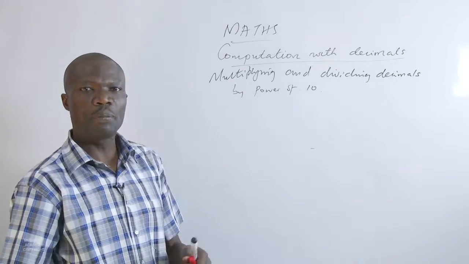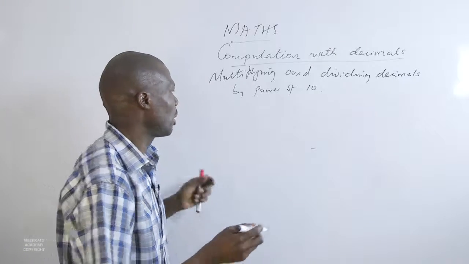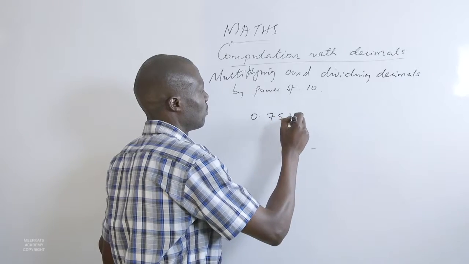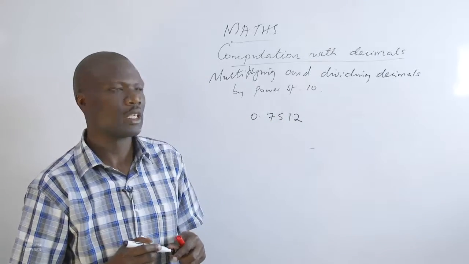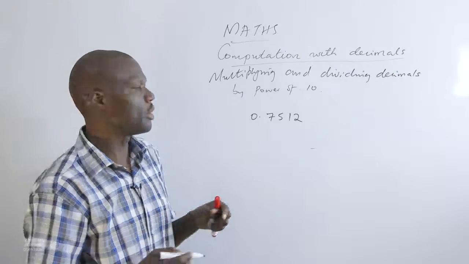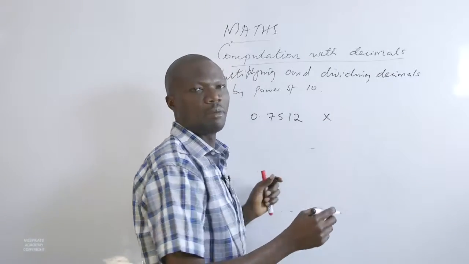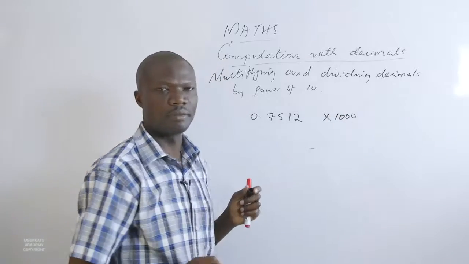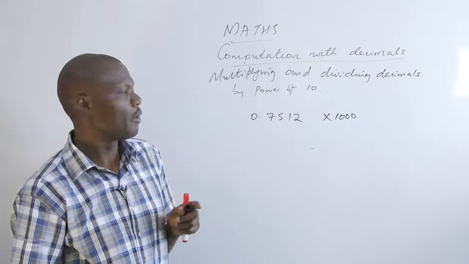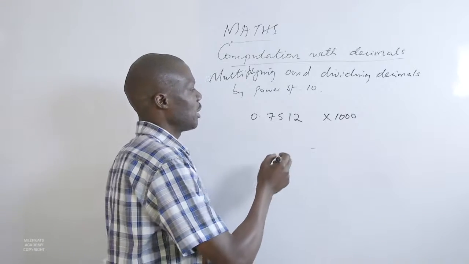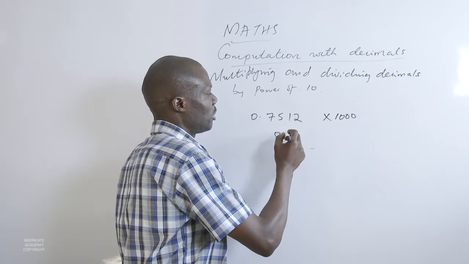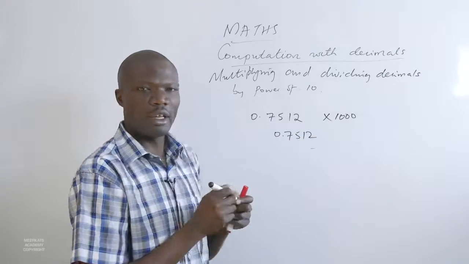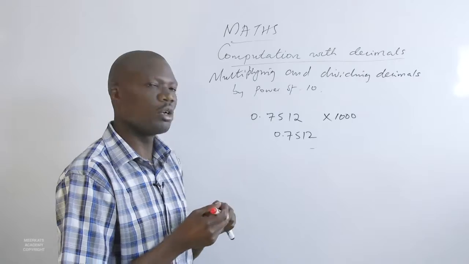If we have a pure decimal like 0.7512 multiplied by 1,000, so this one you'll have as 0.7512, and then the decimal point will move.